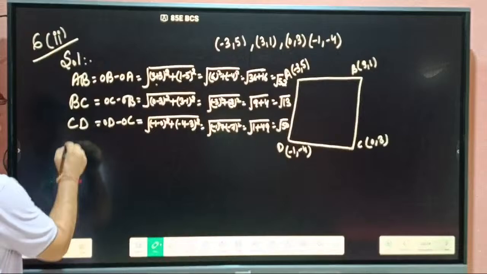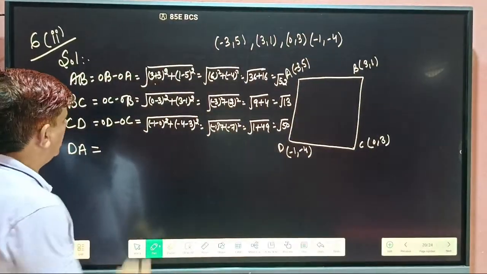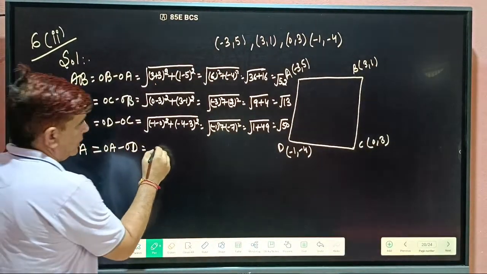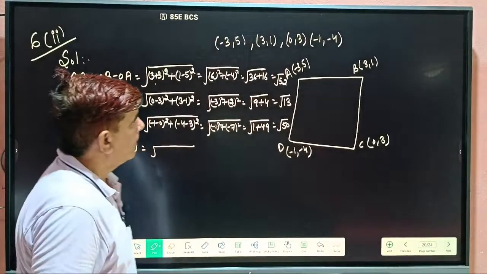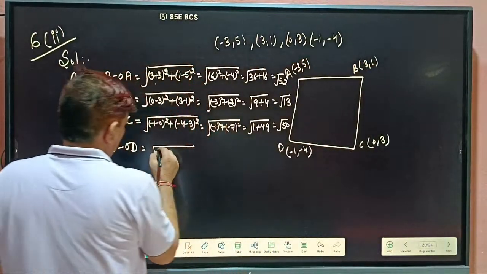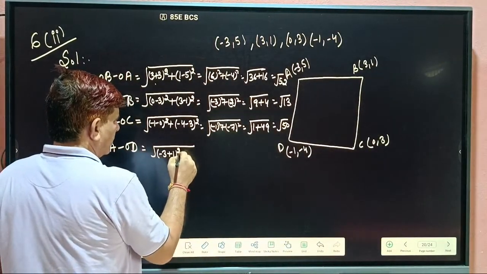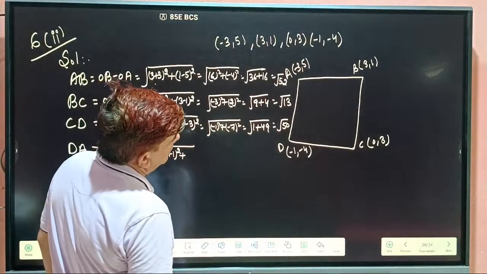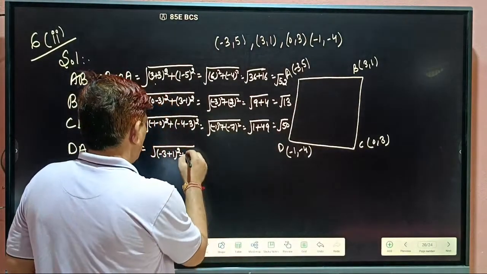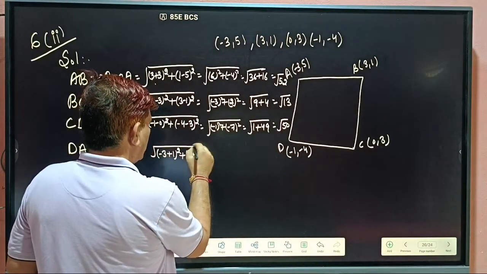Then what can we find out? DA. So OA minus OD. So what is this? (-3 plus 1) whole square plus (5 plus 4) whole square.